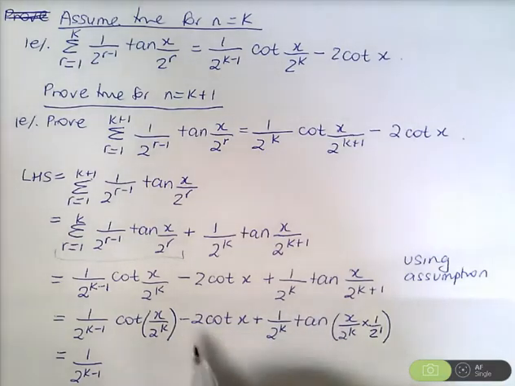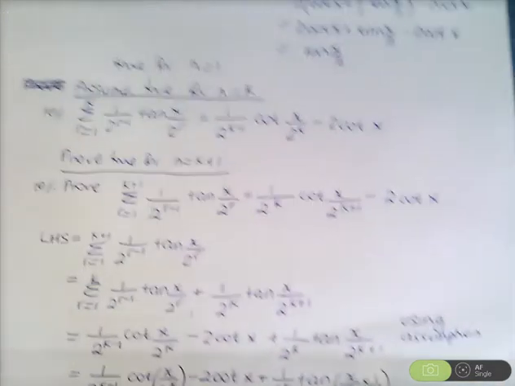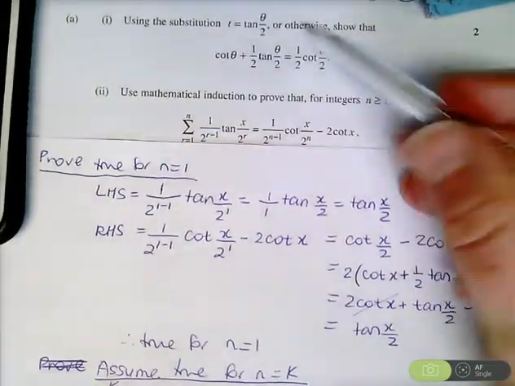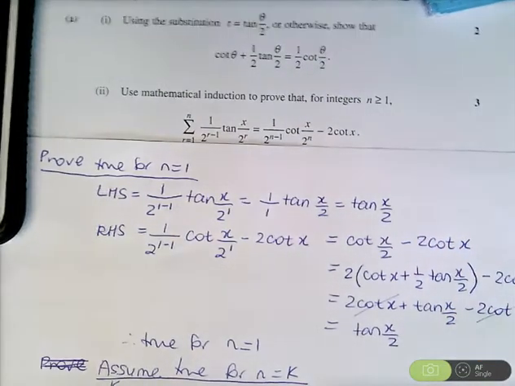Now we're just going to do a substitution here because we want to use our result from part 1, which is cot theta plus a half tan theta on 2 is a half cot theta on 2.